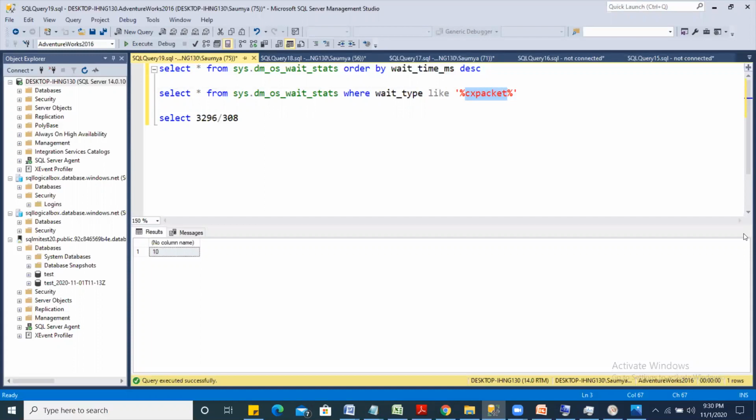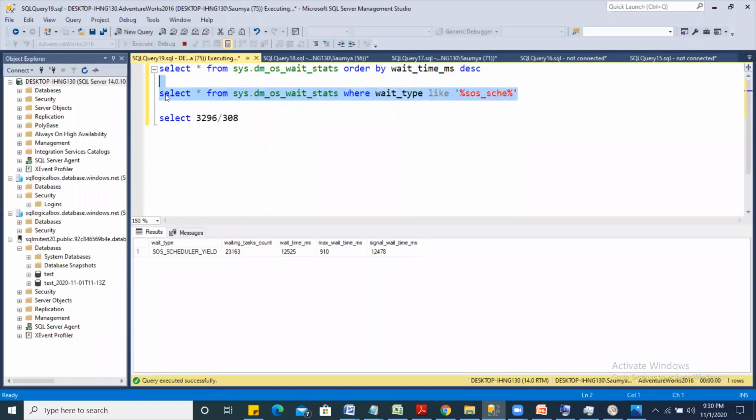Next wait type is your SOS scheduler yield. Let us execute only this. It will capture that. So this is my total waiting task count. This is my total wait time. So I will divide my total wait time by total waiting task count, and even it will be 0 only, I think.